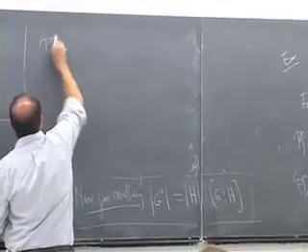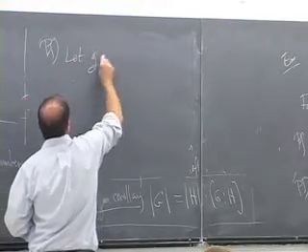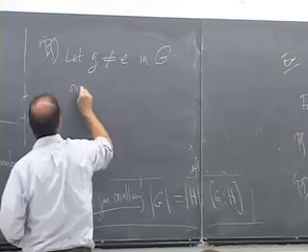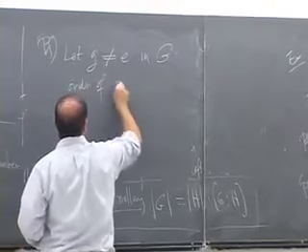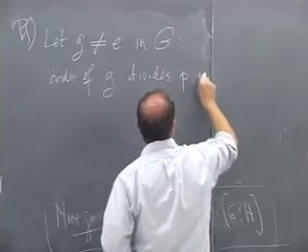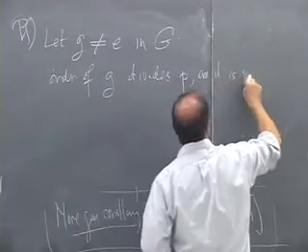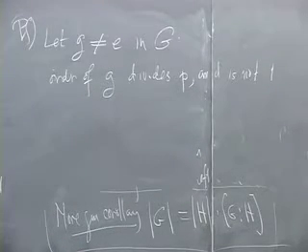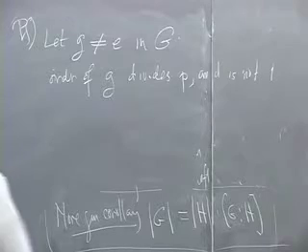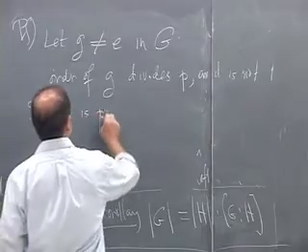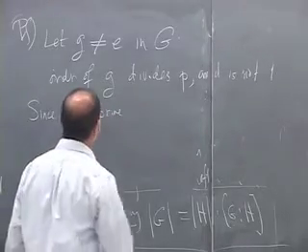Proof: let g be not equal to the identity in G. The order of g divides p and is not 1, because the only element of order 1 is the identity element. Good? Hence, since p is prime, its only divisors are p and 1.